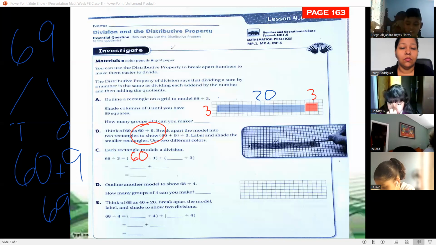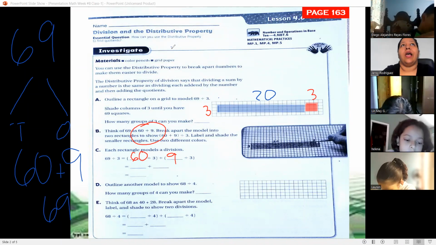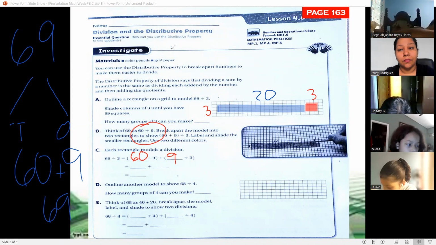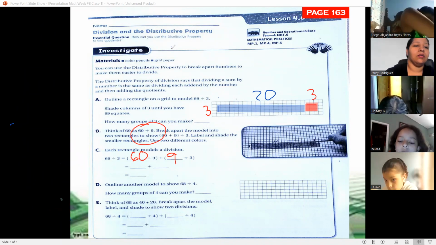Nine. So let's find out. In the multiplication of 3, there is a number that if I multiply it, I can get 60. Remember that we can make this into a basic fact.